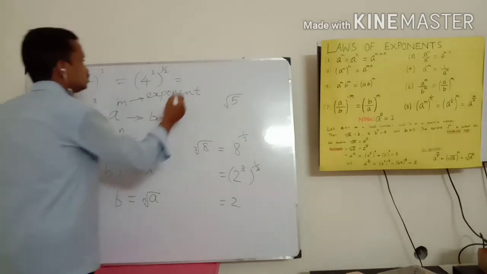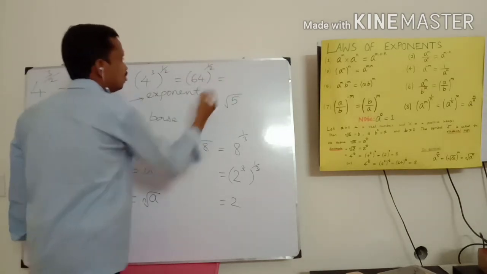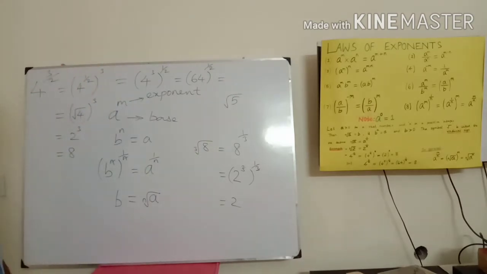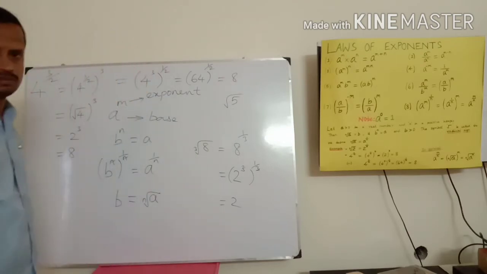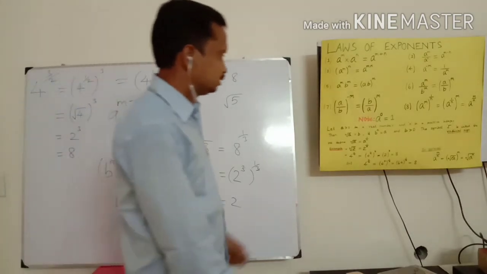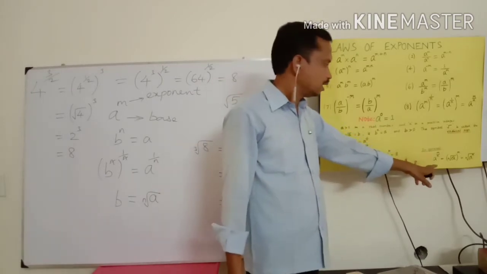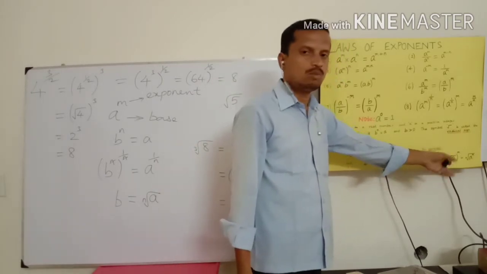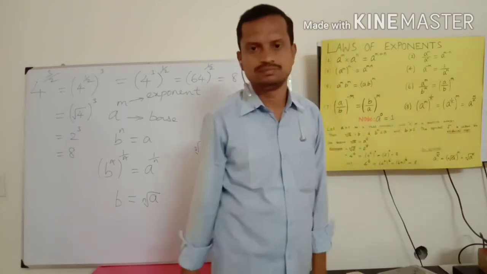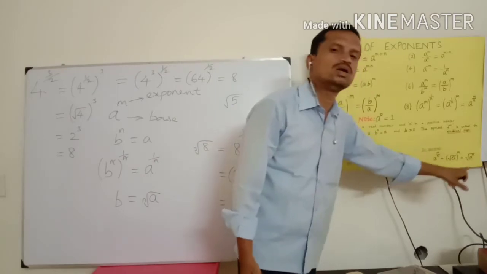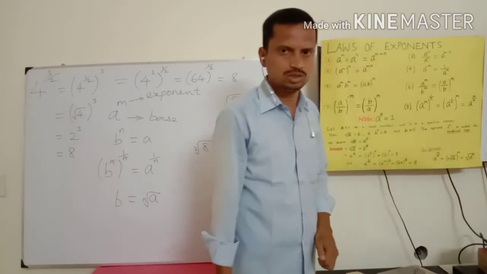And 4 cube becomes 64. 4 to the power 1 by 2, that is nothing but square root of 64, which is 8. Is it clear? Okay. So like that, in general, we can write a power m by n as nth root of a whole power m, or nth root of a power m. So in any way you can write a power m by n. Clear, children?